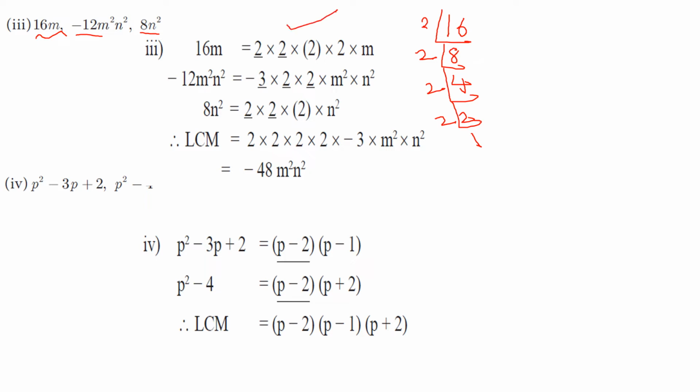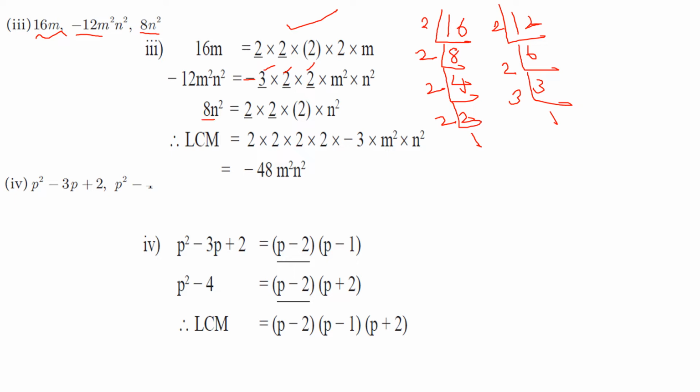Next minus 12m squared n squared means put minus and do 12. 2 6s are 12, 2 3s are 6 and 3 1s are 3. So 2 into 2 into 3 into m squared into n squared. 8n squared also 2 into 2 into 2.